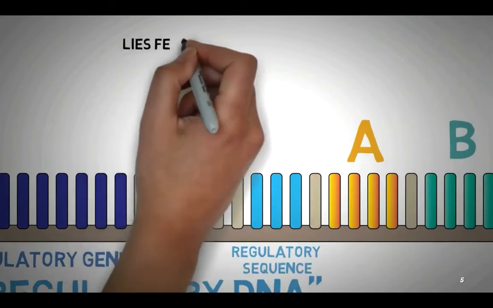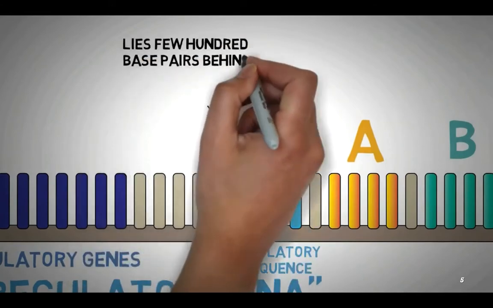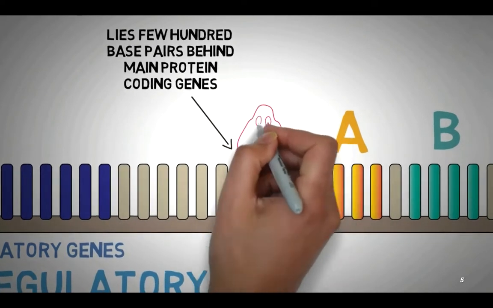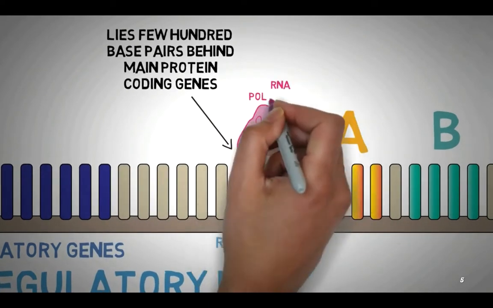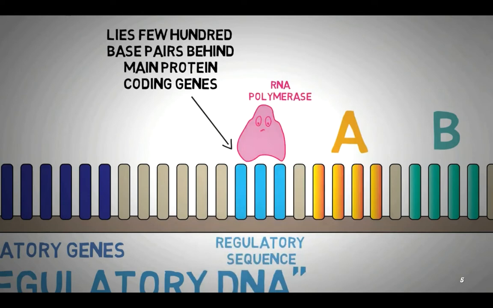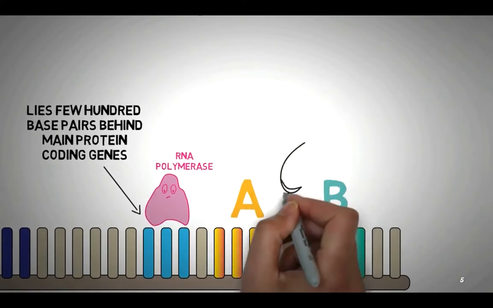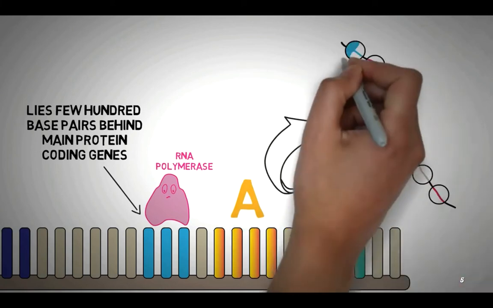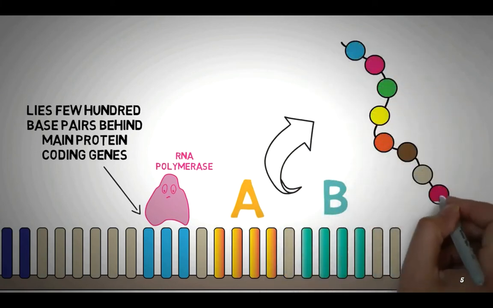The regulatory sequence is usually a few hundred to thousand base pair long sequence that lies just behind the main protein coding genes, and it is the site of attachment of the enzyme RNA polymerase. This enzyme copies the information on the genes A and B onto an mRNA, that is the process of transcription.